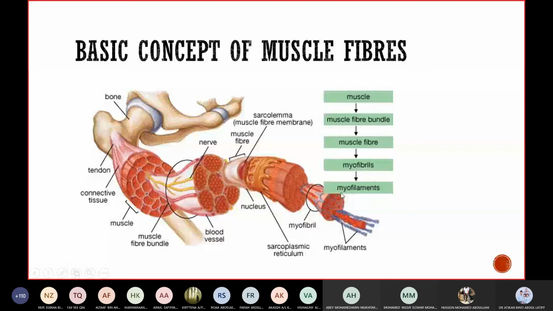So this is a myofibril, and if you take one myofibril, it consists of many myofilaments. So there are many layers of structures that make up the muscle fiber, and the muscle fiber is the cell, the muscle cell. These are smaller units inside the cell.